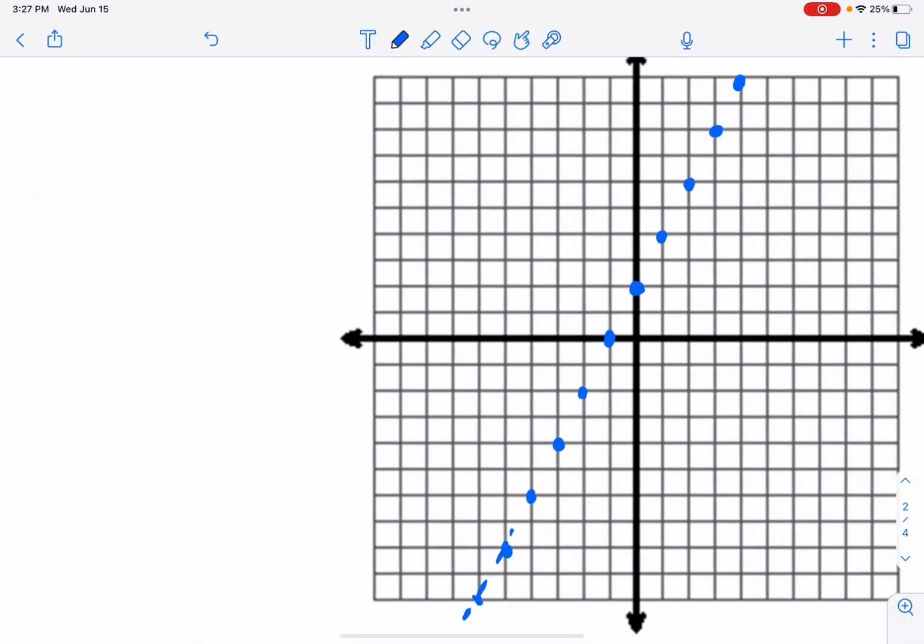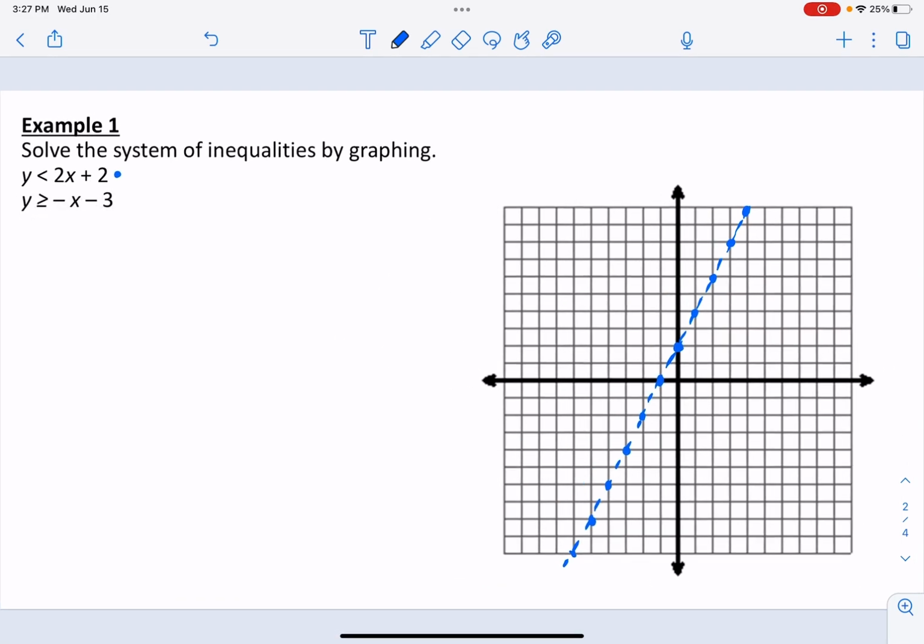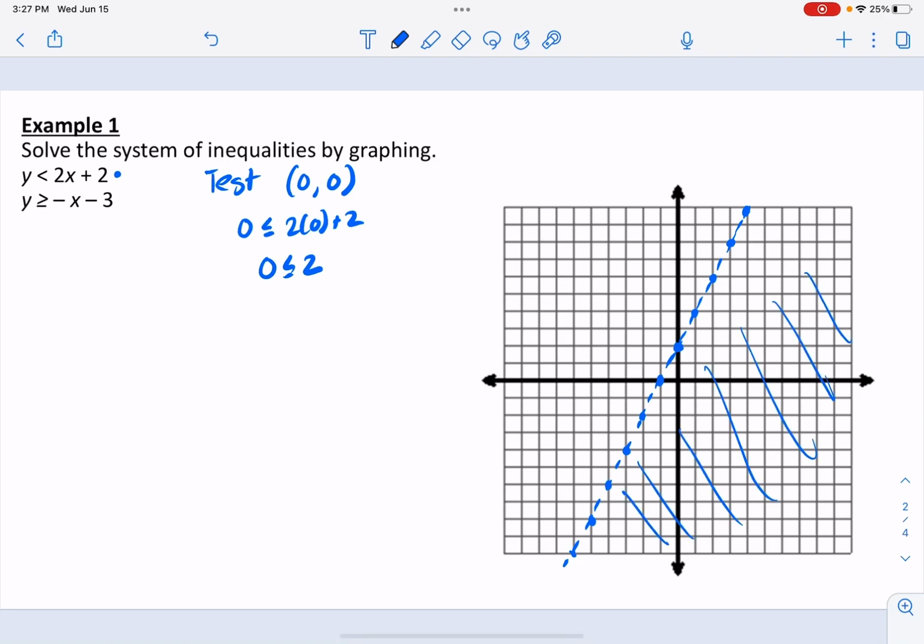That's what I was trying to check. So now I test 0, 0. 0 less than or equal to 2 times 0 plus 2. 0 less than or equal to 2. That's true. So that's where I would shade for that one.